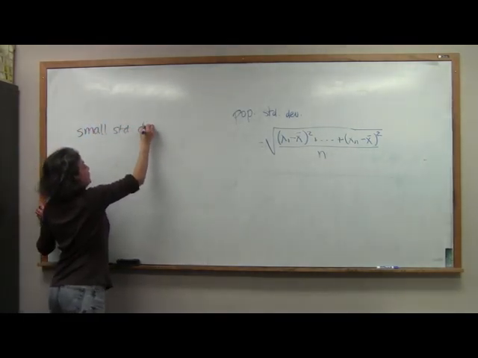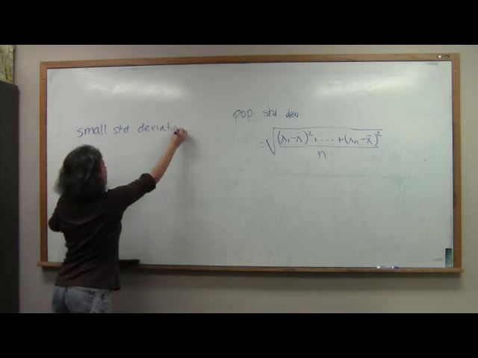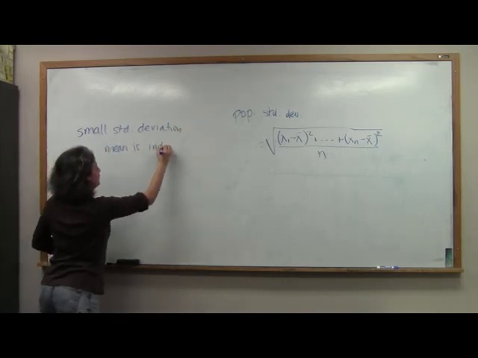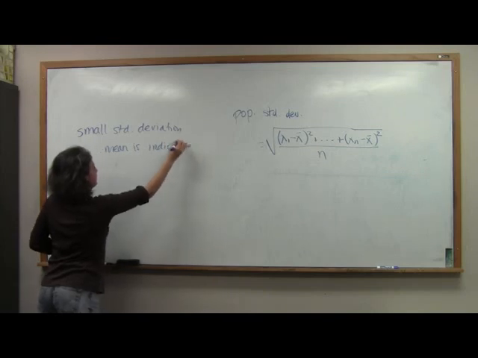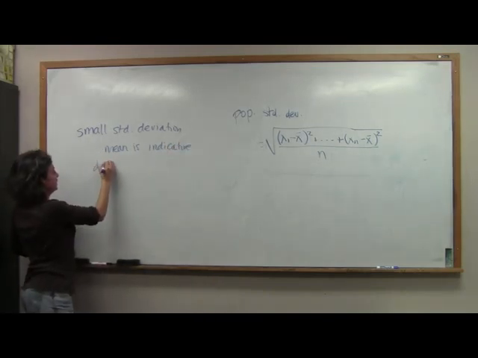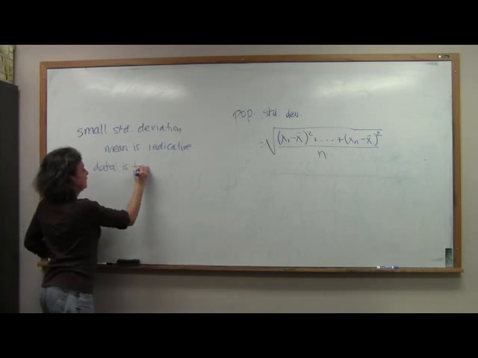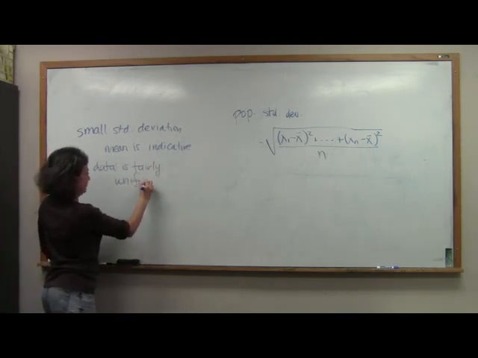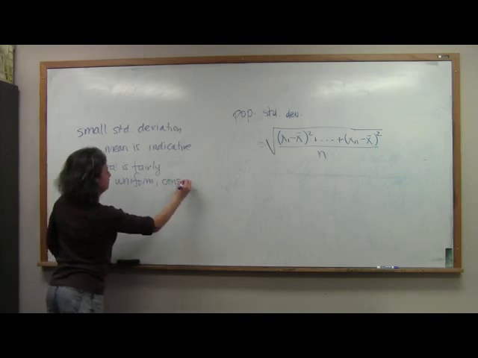Okay? So, when you have a small standard deviation, what that tells you is that your mean is indicative and that your data is fairly uniform and consistent.